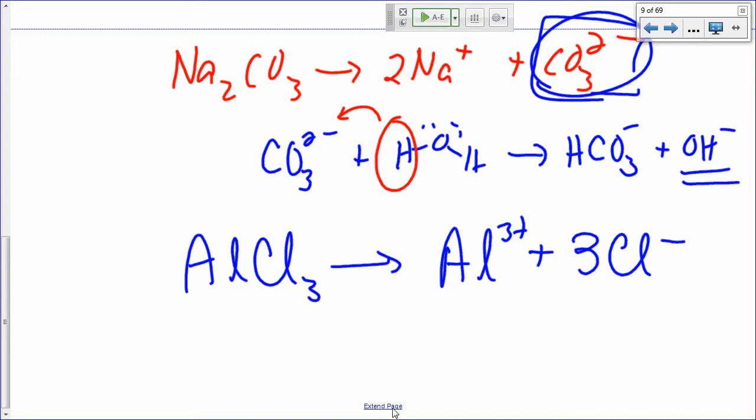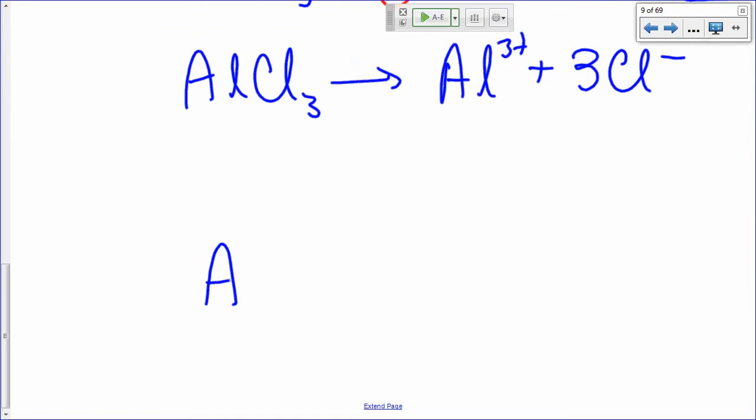The reason for that is that aluminum ions in water are surrounded by water molecules. They form what are known as coordinate covalent bonds. A pair of electrons on the water molecule is bonded to aluminum, and there are 6 of these water molecules that can bond to aluminum.